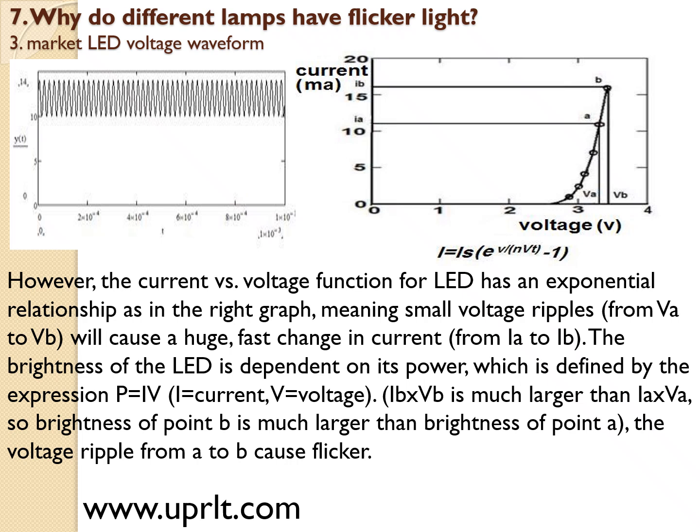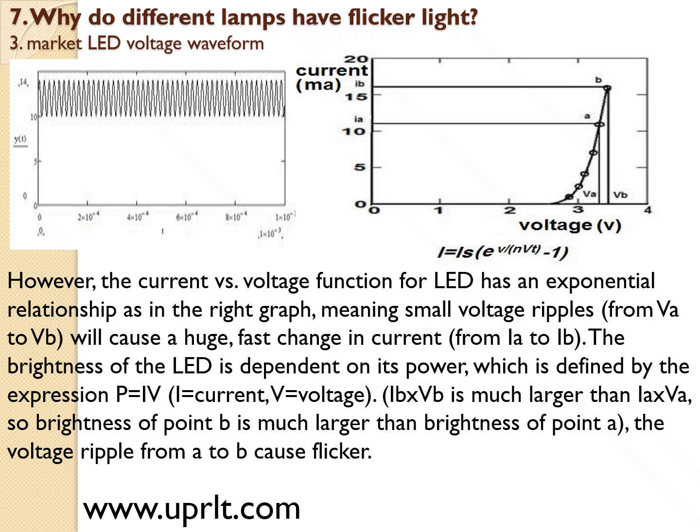Then we can take a look at the right side. The current with respect to voltage function for an LED has an exponential relationship, as in the right graph, meaning small voltage ripples from point VA to point VB will cause a huge, fast change in current from IA to IB.